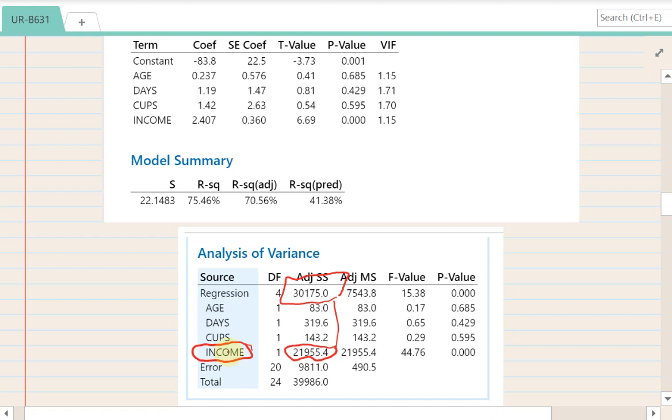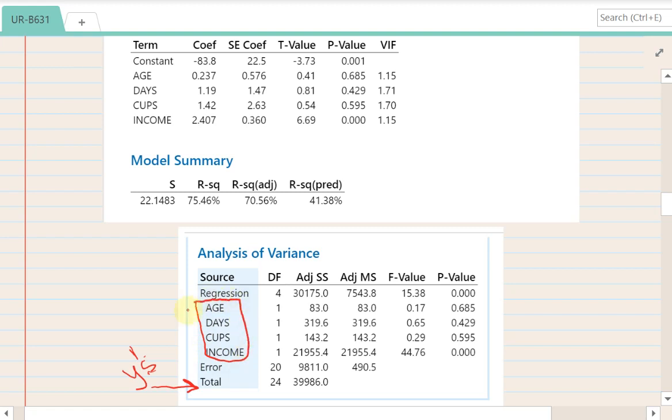So that means income is playing a big role in explaining the total variation. Okay, so this is total variation, by the way, in Y's, in Y values. That's in prepaid cards. The total variation in prepaid amounts is due to these 4 sources of variation.